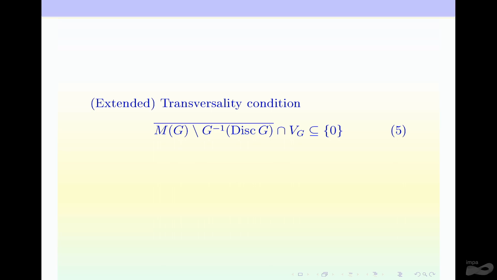Now consider what we call the extended transversality condition. This is the Milnor set of G. We remove the pre-image of the discriminant set and take the topological closure. Now intersect with VG, and we are asking that such intersection is included here.